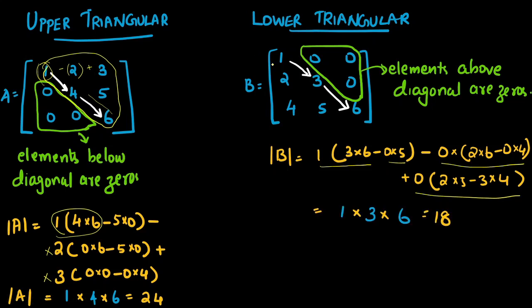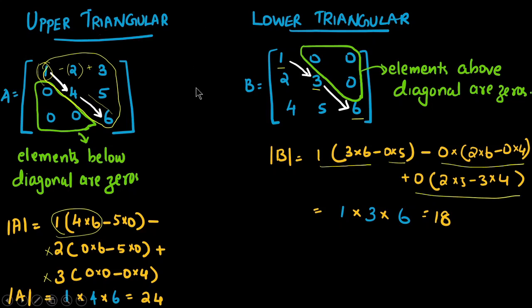And what is 1 into 3 into 6? Those are the diagonal elements. So in the case of a lower triangular matrix also, we can see that the determinant of the matrix is equivalent to the product of its diagonal elements. So we can generalize this for both upper and lower triangular.